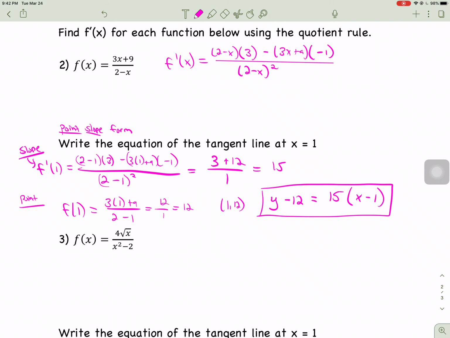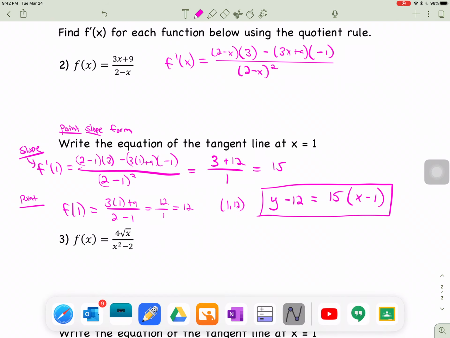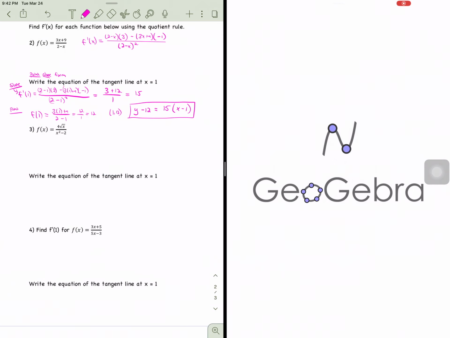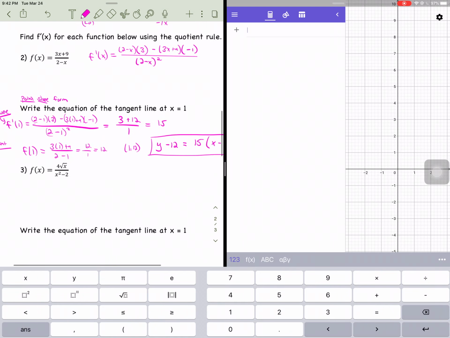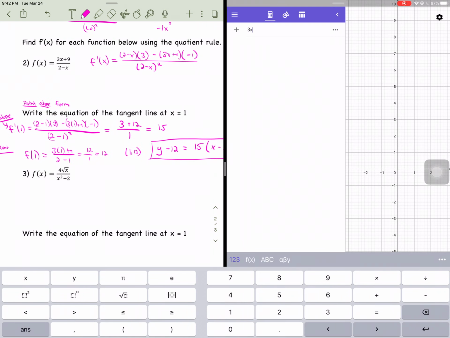And what's kind of interesting is if we take this now, let's take a look. And if we graph this, let's see, sorry, where's the original? 3x plus 9 divided by, divide the whole thing, by 2 minus x. There we go.